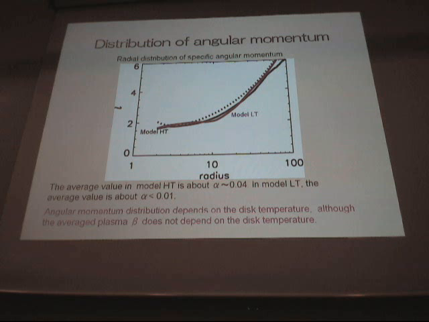But in the low temperature model, we can see the constant angular momentum distribution right here. This distribution is really constant angular momentum.